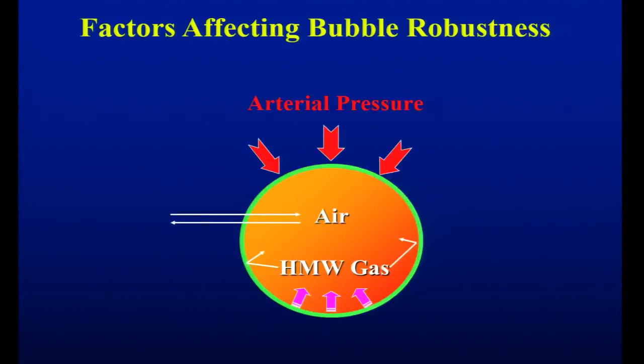You'd like them to last a little longer, so the shell has different characteristics. Could be protein, could be albumin, could be surfactant, other things, and a high molecular weight inert gas that doesn't have any really biological effects.